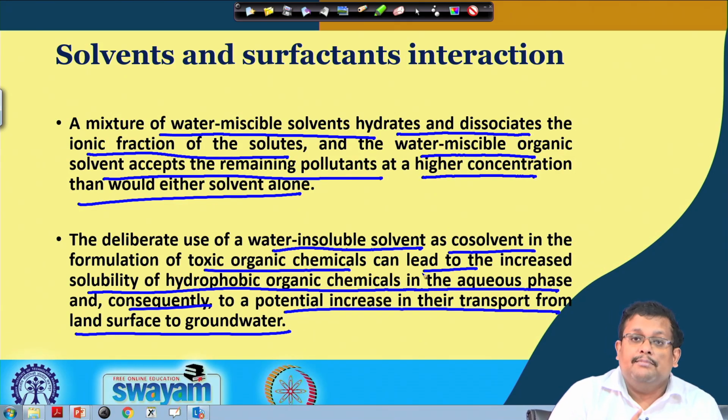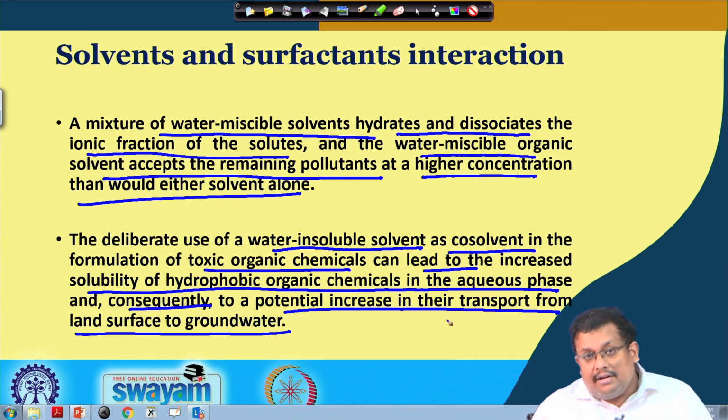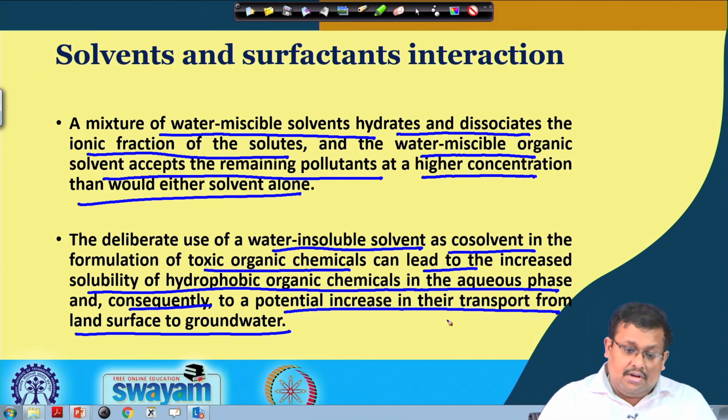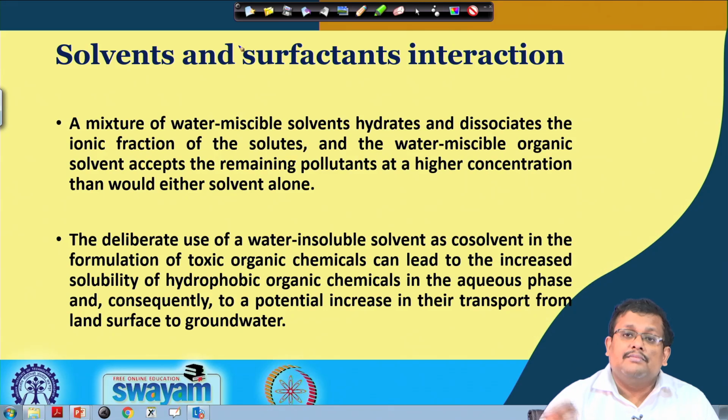This is very important as far as the movement of these toxic chemicals is concerned. They can move from one place to another, increasing their transport, which is very problematic as far as the environmental effects are concerned.